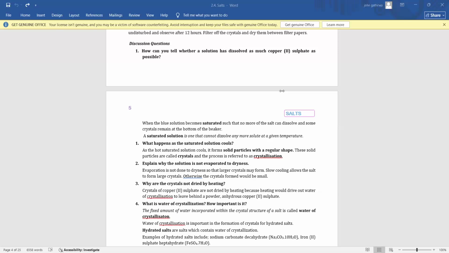Then we have action of acid on metal carbonates. And the fourth one is the action of acids on bases.